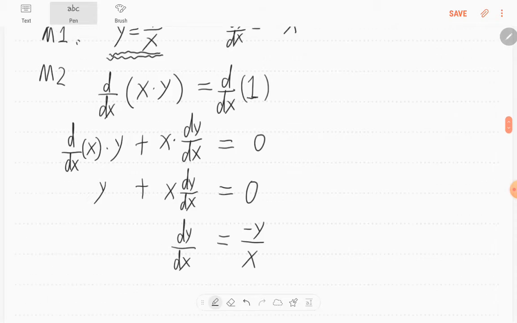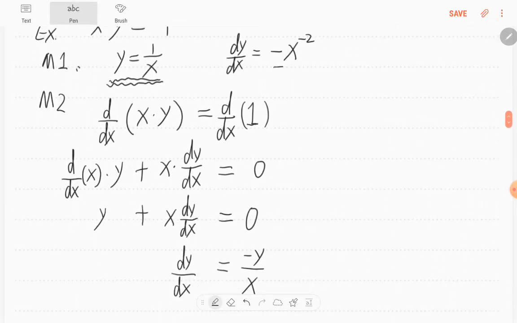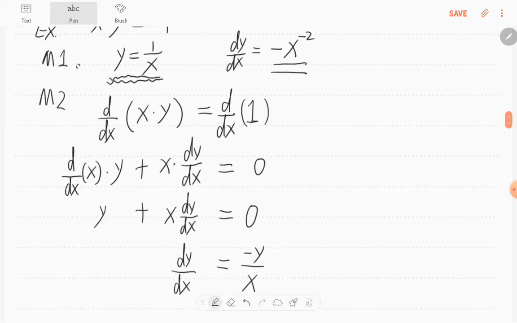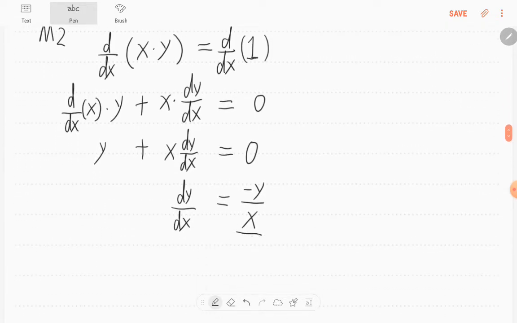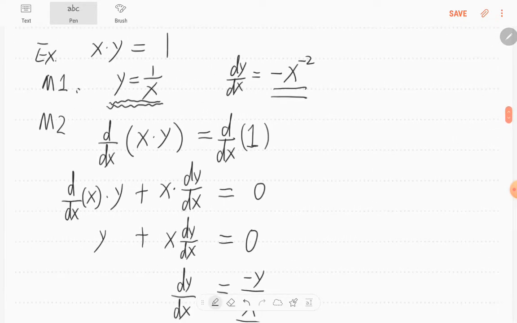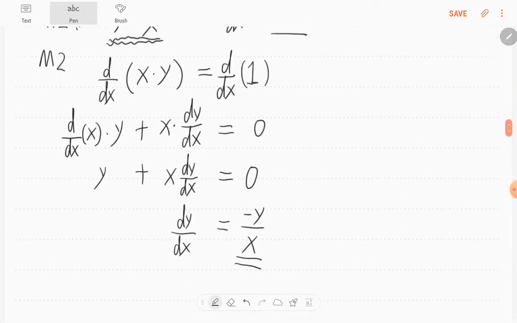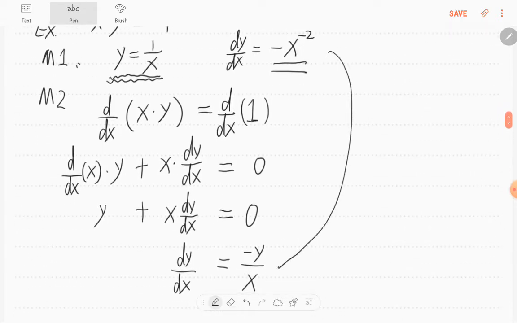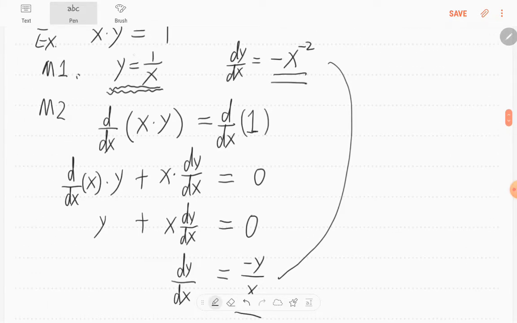Some students may complain about why you have different answers: one is negative x to the negative 2, the other is negative y over x. You should have the same answer, right? For implicit differentiation, it's very common to have y and x both in your solution. For this simple problem, since you can write y in terms of x, these two answers are exactly the same.